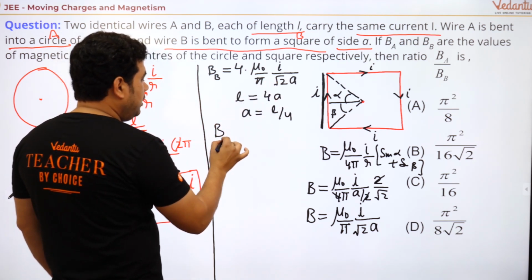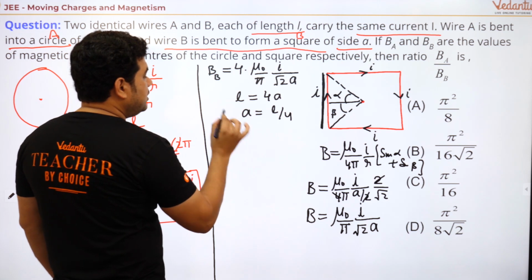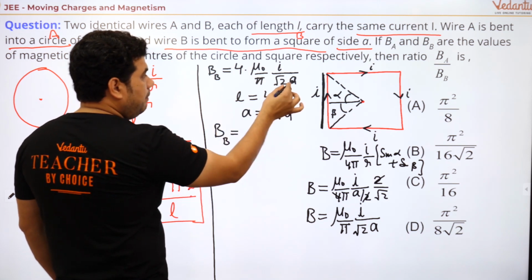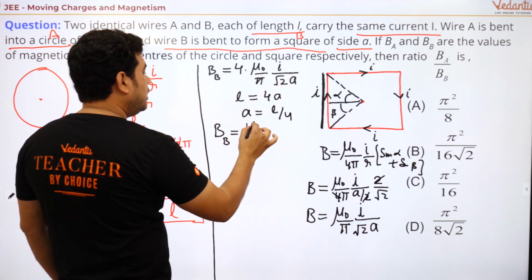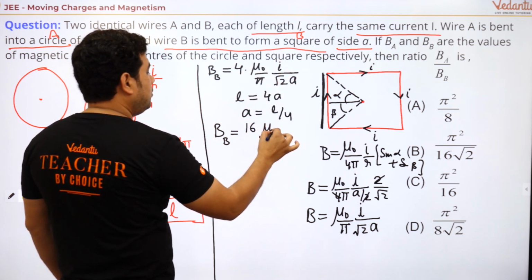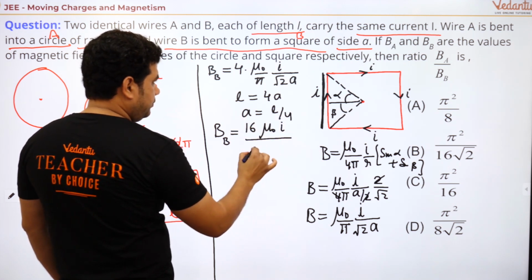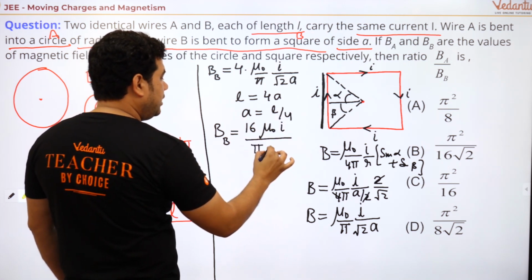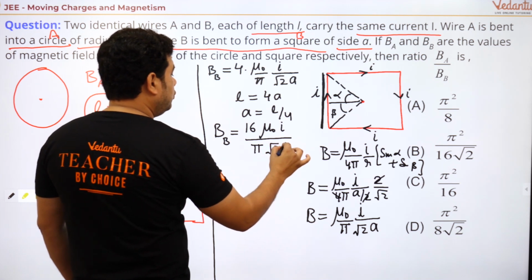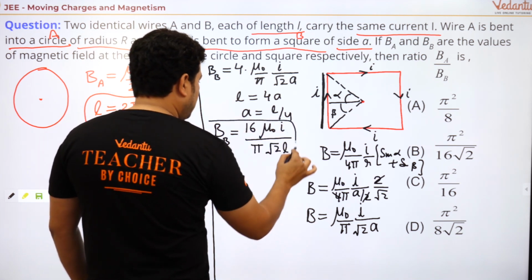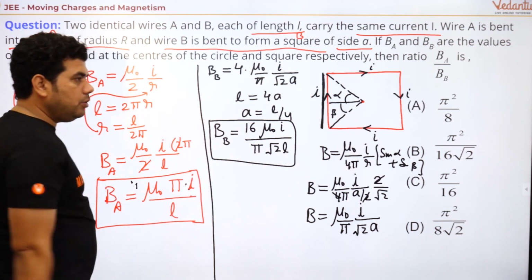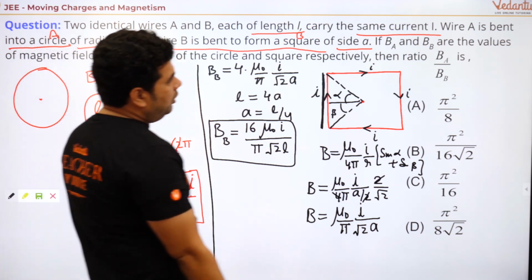So BB is equal to, with L by 4, 4 into 4 is 16, mu naught I divided by pi root 2 L. This is the magnetic field due to a square. And now what do we have to find?